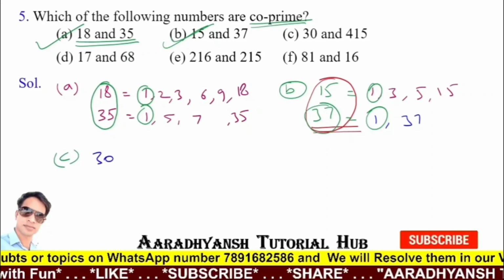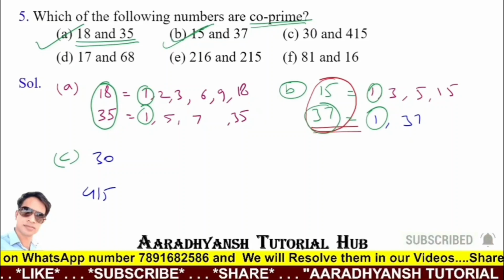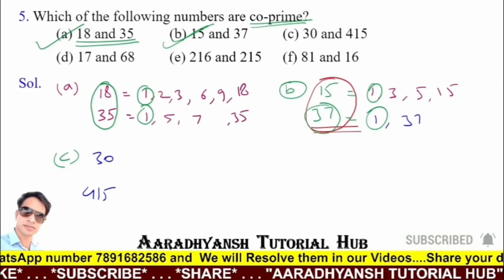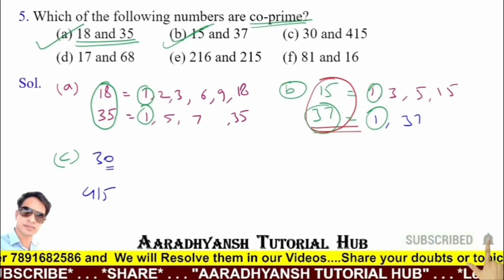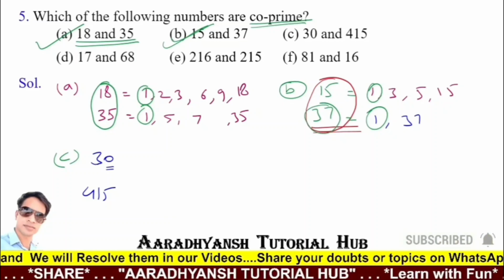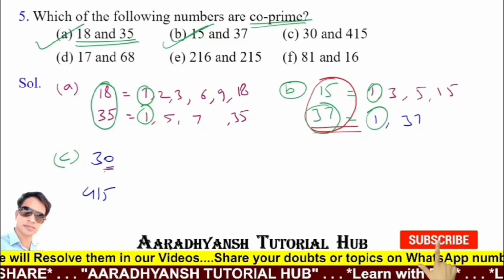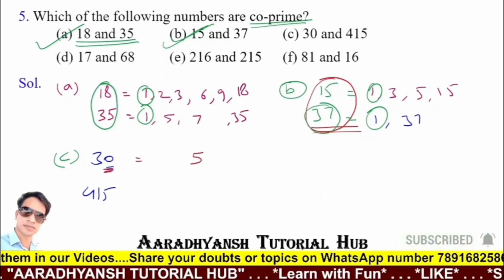30 and 415. You can easily say that this is not a co-prime because in 30 the ones digit is 0, so it will definitely be divisible by 5.